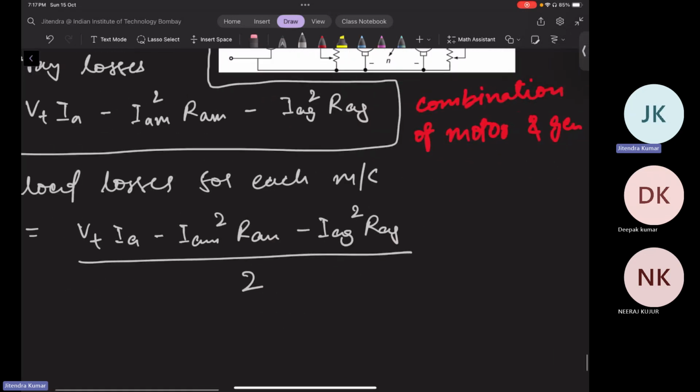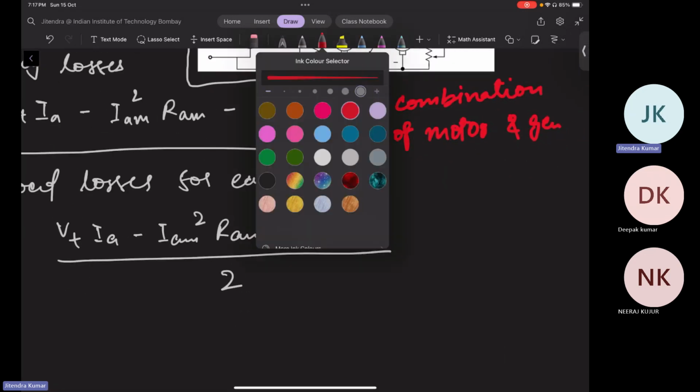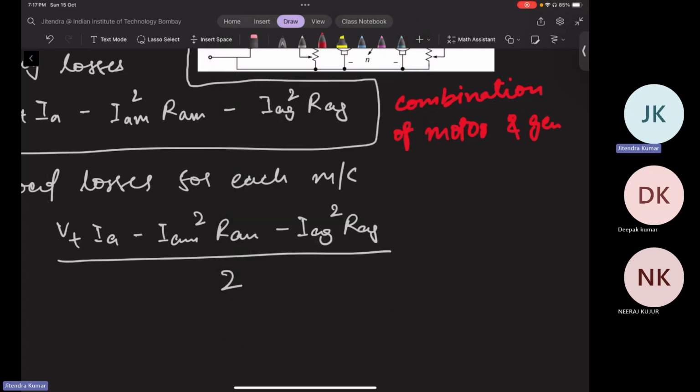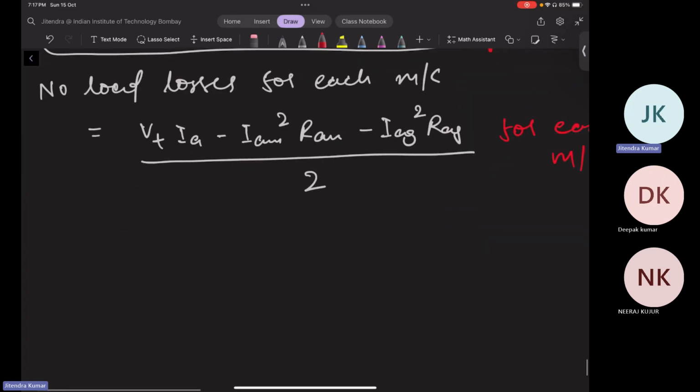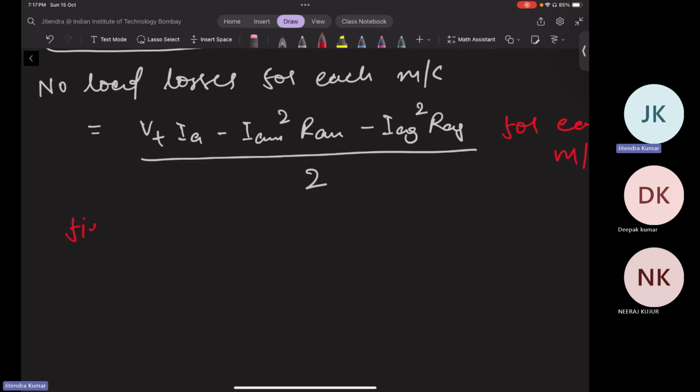Okay, this is for each machine. Now you can account for field losses separately. Field losses will be Vt into IFM plus Vt into IFG.